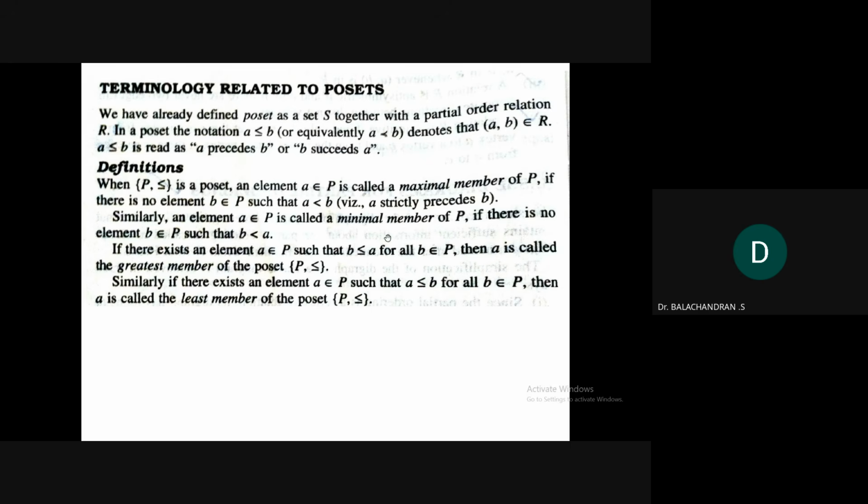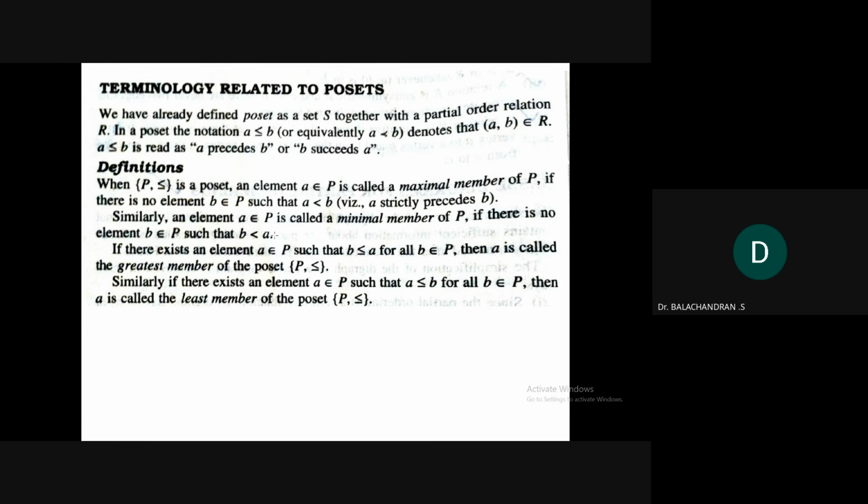Similarly, for the minimal member, an element A in P is called a minimal member of P if you cannot find an element B such that B ≤ A.